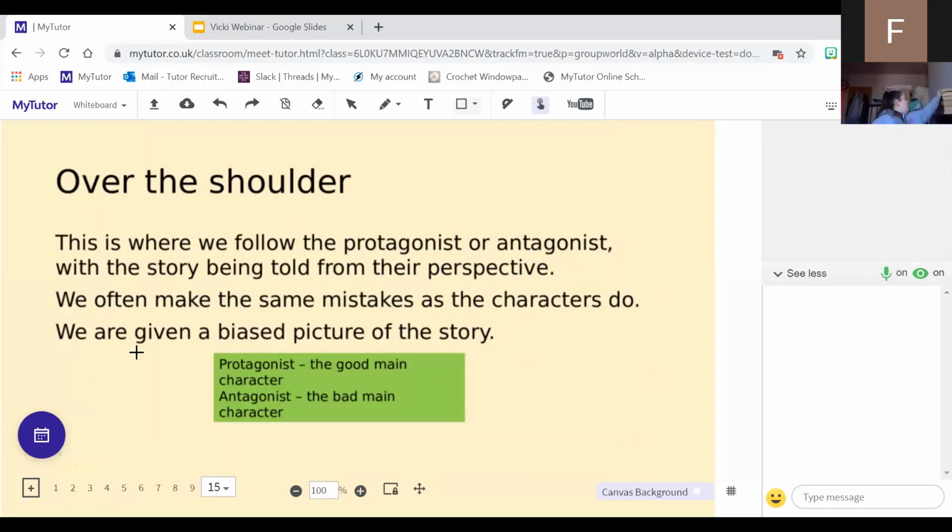The best example that I can think of that most of you will probably know about is Harry Potter. So let's see if I can find an example. It's always following Harry and what Harry is doing, and we make the same mistakes as Harry.